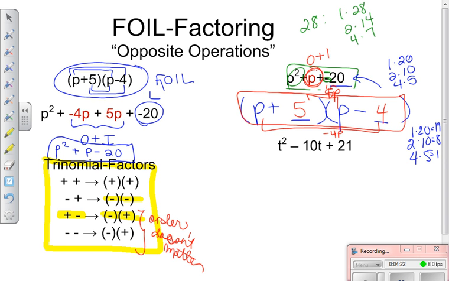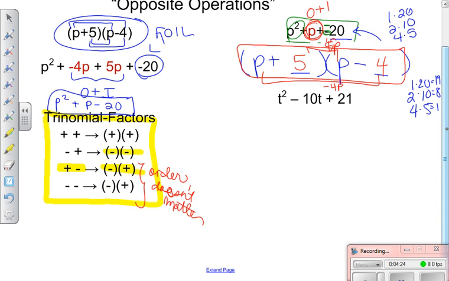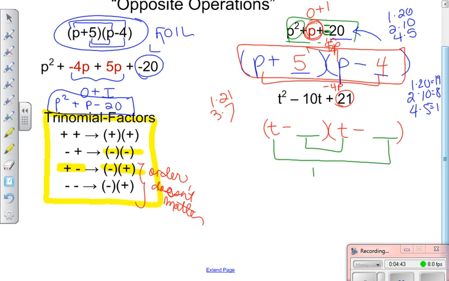If I look at this next example, I have the factors of 21, 1 and 21, 3 and 7, minus plus means I have 2 minus. So how are the factors of 21 going to go in there such that when I multiply them to the t's and then add them, because 2 subtracting is really adding, am I going to get 10?